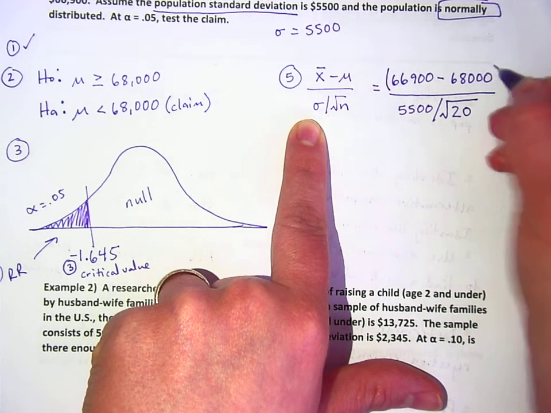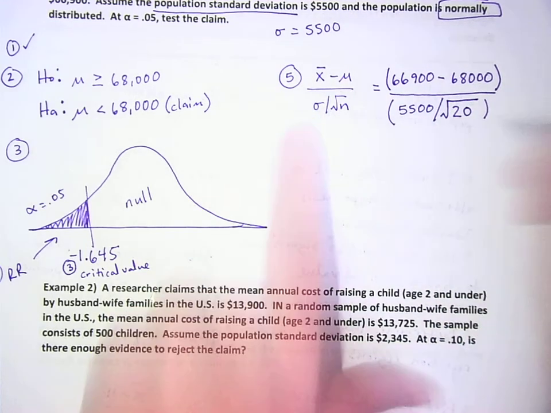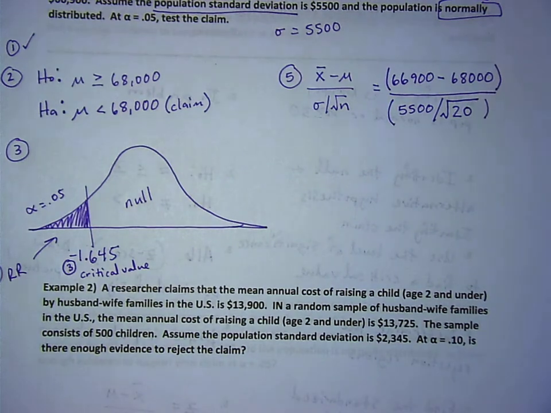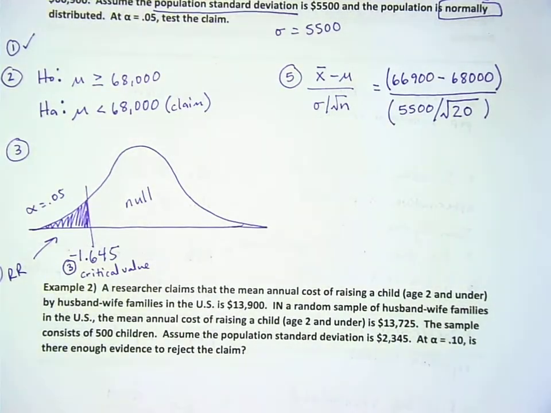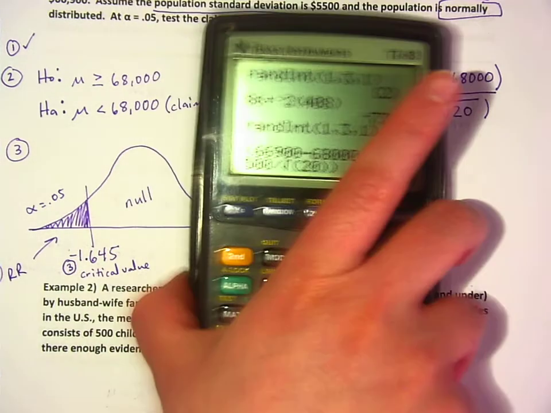You're definitely going to want parentheses around the top set and the bottom set like this. It should look like this when you type it into your calculator.